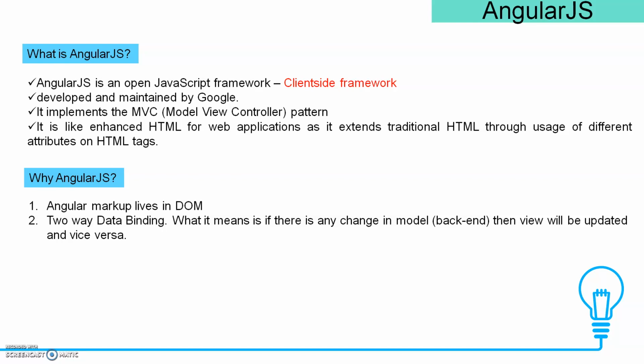We can understand how much code we save. Otherwise we have to click, send that data to the server, write server-side technology to retrieve that data and then store it in the model. Instead of that, data binding is very easy in AngularJS.